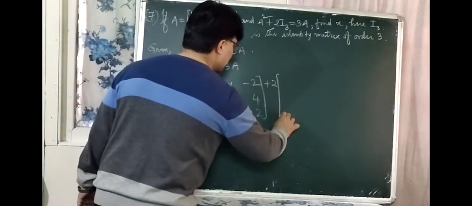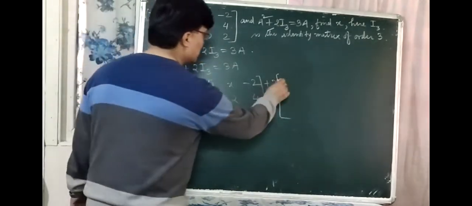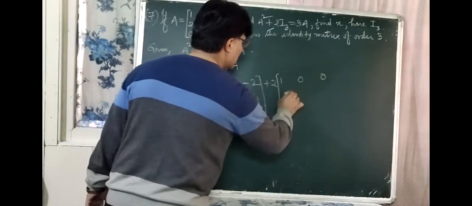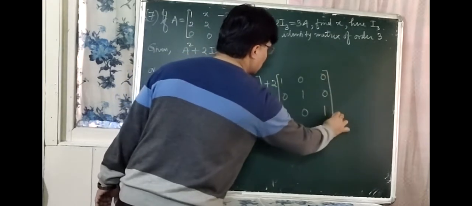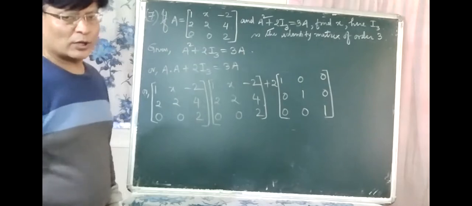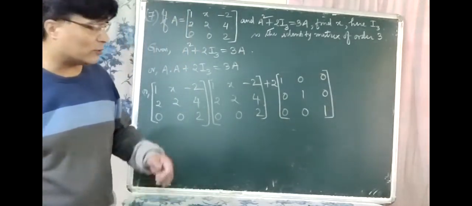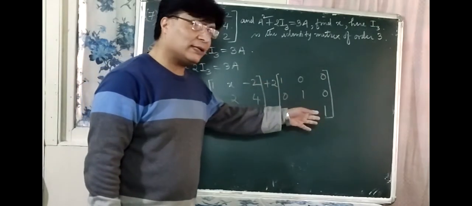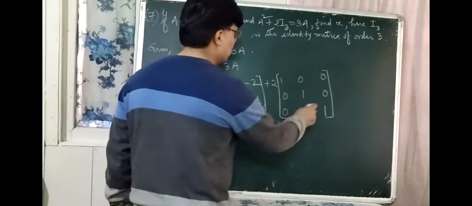What is I3 here? It is the identity matrix of order 3: 1, 0, 0, 0, 1, 0, 0, 0, 1. All the leading diagonal elements are 1 and all the other elements are 0. Is equal to 3.